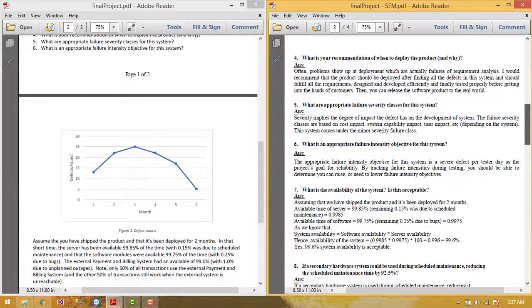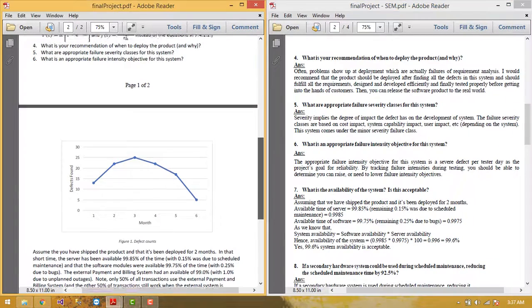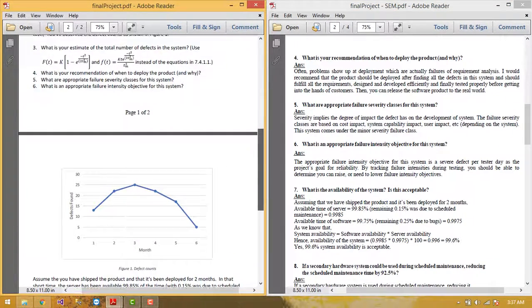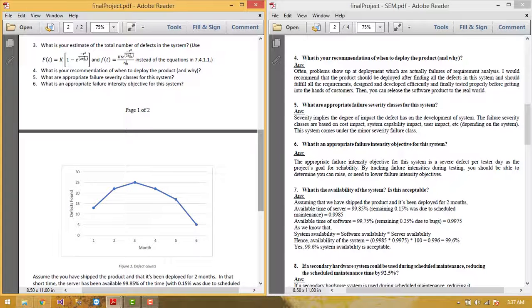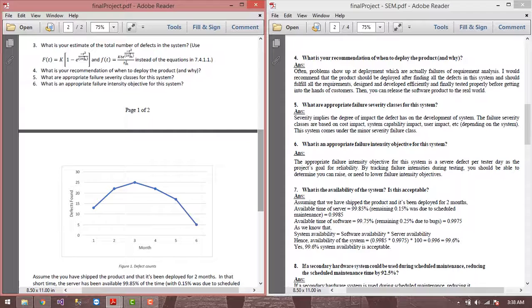The fourth question: what is your recommendation of when to deploy the product and why? So often the problems show up at the deployment of the product, which are actually the failures of the requirement analysis, the requirement gathering phase. After that only the failures show up.